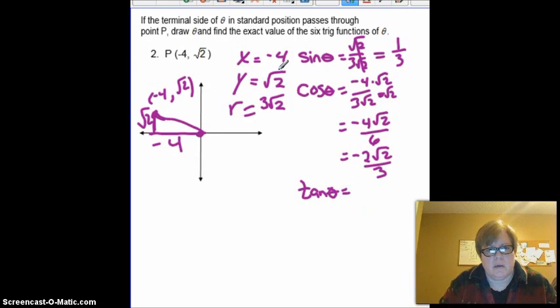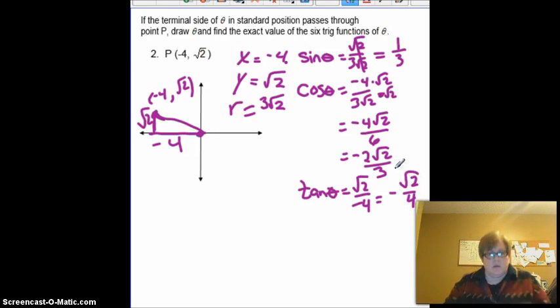Then tangent theta will be y over x, so that's square root of 2 over -4, or simply negative square root of 2 over 4. Okay, then we would have cosecant theta being the reciprocal of sine.